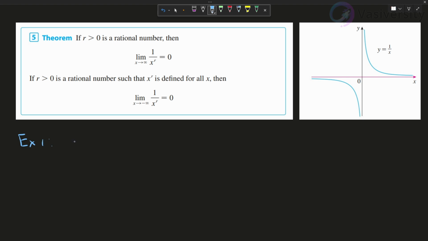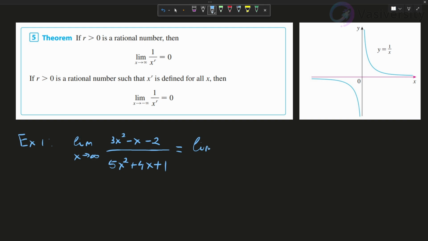If we have the limit as x approaches infinity of (3x squared minus x minus 2) divided by (5x squared plus 4x plus 1). Okay, so the way we can do that, we see that we have x squared, and x squared is the highest power. Let's go ahead and divide the numerator and denominator by x squared.